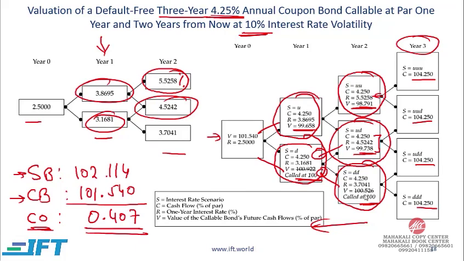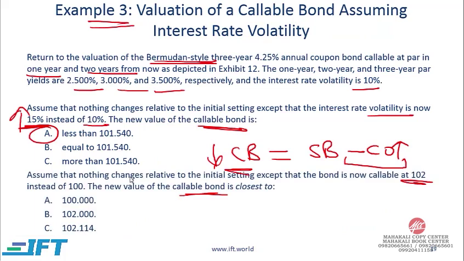So it will never be called because this value is 100.526, which is less than 102. This would also be less than 102. Since the bond is never called, the value at time 0 should be the same as the value of a straight bond. So the best answer here then would be C, which is the value of the straight bond.